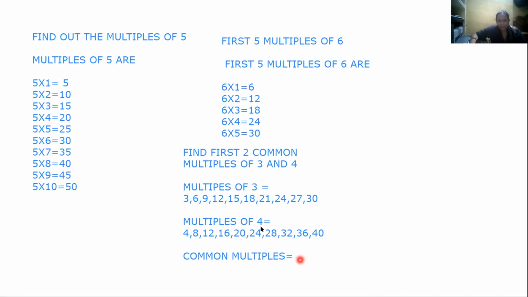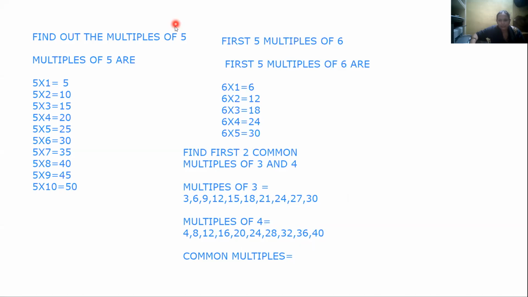So the second one, 24 here and 24 here, right? Then if you keep on counting, you will find 36 somewhere. But we have to find only 2, right?